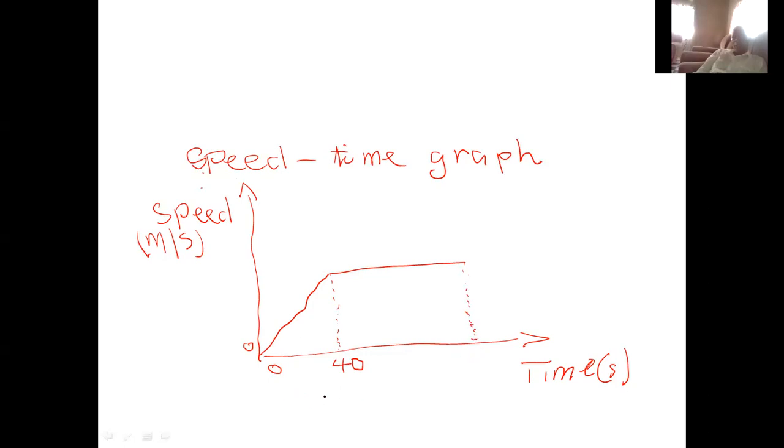So our time there would be 40 plus 180, which gives us 220. And further, the object decelerates uniformly to come to rest.